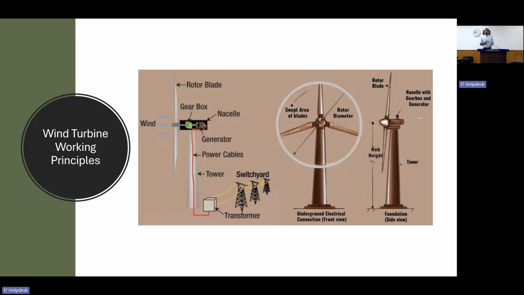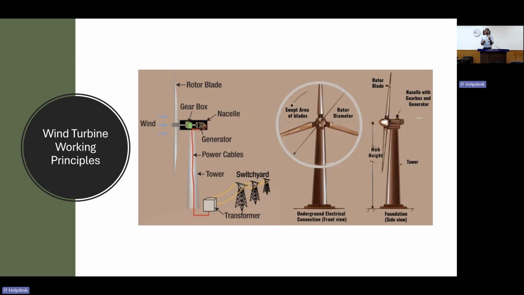Now coming to the working principle of the wind turbine. Usually, the rotor of the wind turbine moves with the wind action, and the rotor movement drives the gearbox, which transfers its energy to the next stage attached to the gearbox, and with the next stage an electricity generator is attached, and that generator produces electricity due to the movement of the rotor.